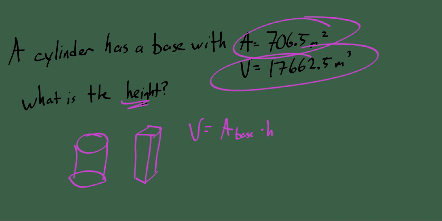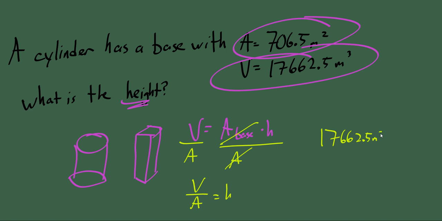Solve for h. So I'm going to divide by area. Divide by area, divide by area. Here, area and area can cancel. And now I've got volume over area equals height. We got the volume, 17662.5 cubic meters.